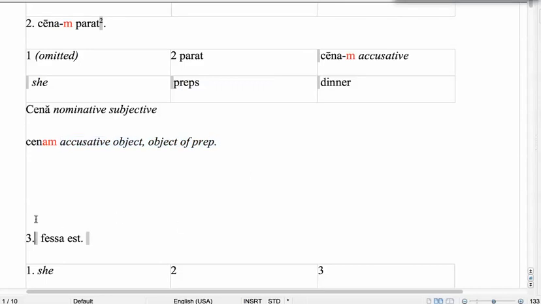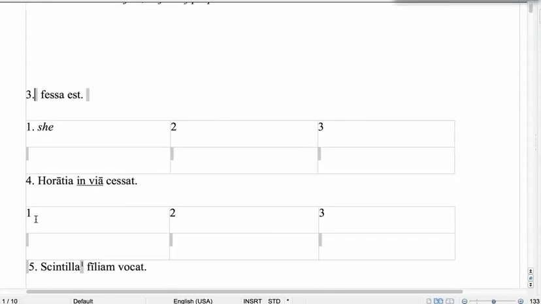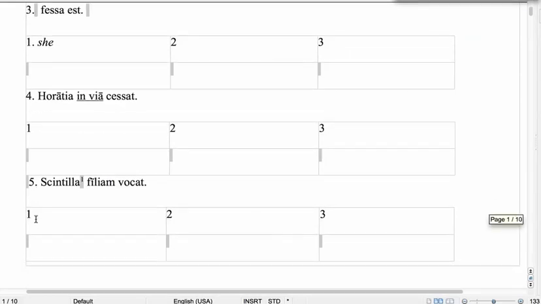Next sentence. Subject is omitted, unexpressed. So it's same as before, that is still she. The verb here ends in T, is est, is.